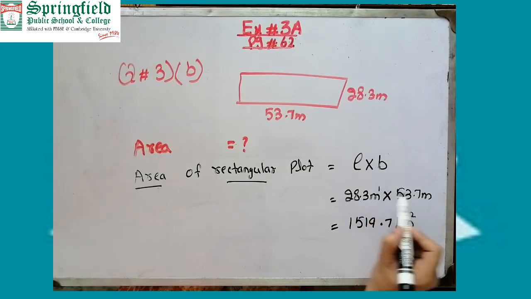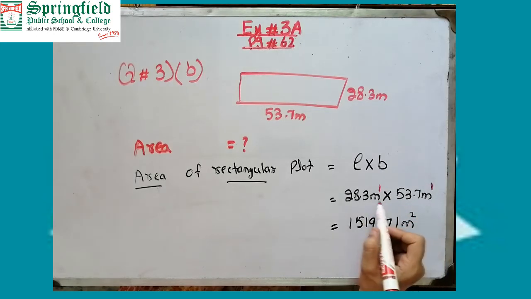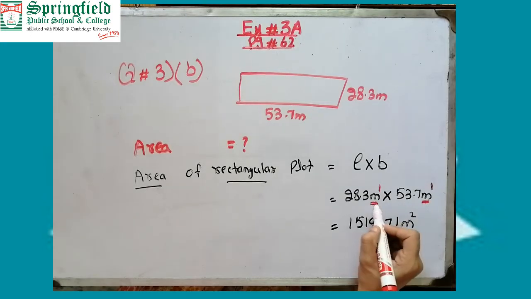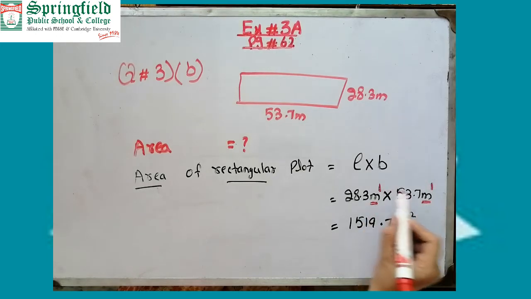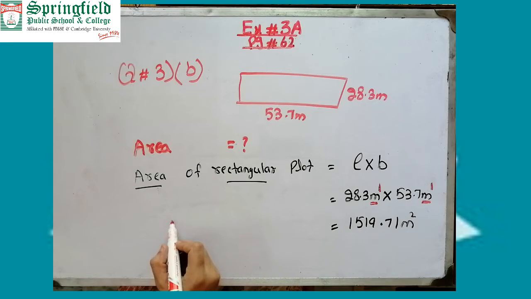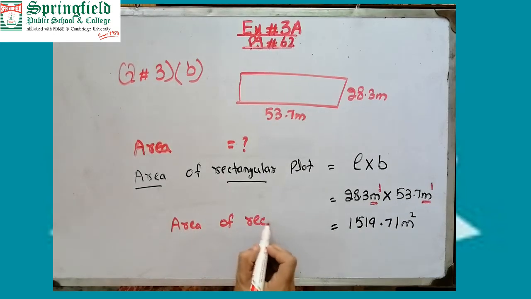Look here, power is 1 and here power is 1. So during multiplication, when the variables are same, m is a variable, then power will add. So 1 plus 1, it will become 2, and meter square is the unit for area. Fine. So this is the area of the rectangular plot.